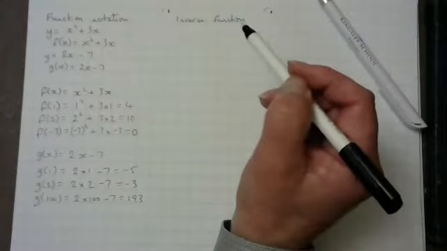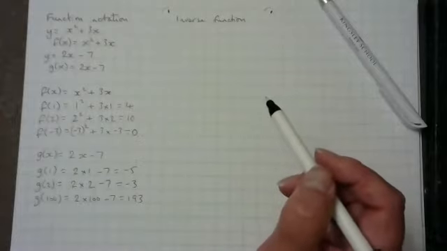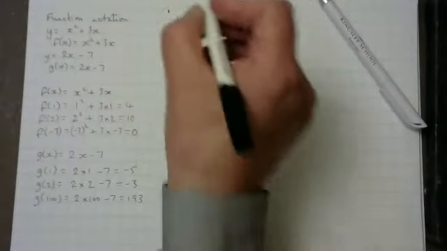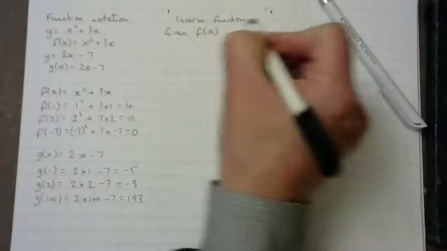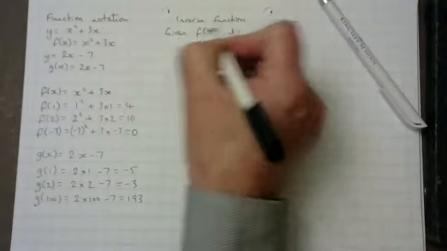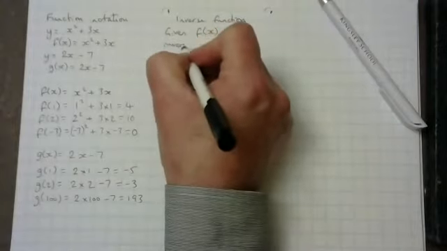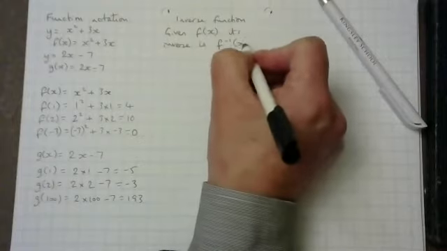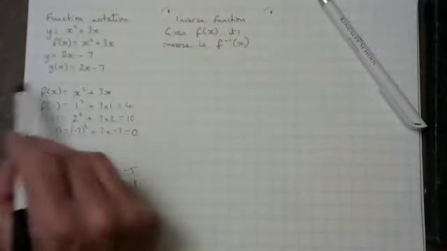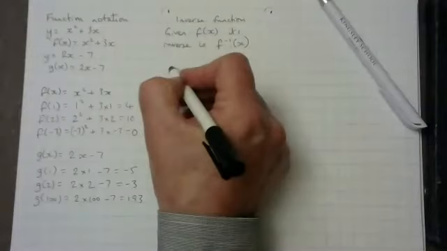Functions have inverses. Well, some functions have inverses. So the inverse function, given f of x, its inverse is f to the minus 1 of x. Let's look at g of x here.